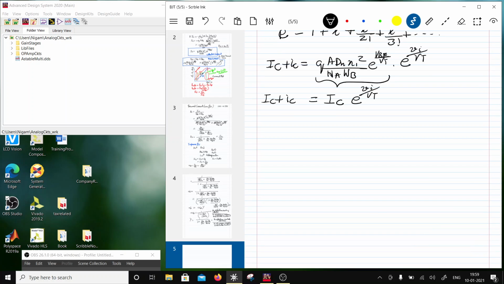Now I do the expansion of e raised to x, so that can be written as 1 plus Vi by Vt plus (Vi by Vt) square divided by 2 plus 1 over 6 (Vi by Vt) cube plus and so on.